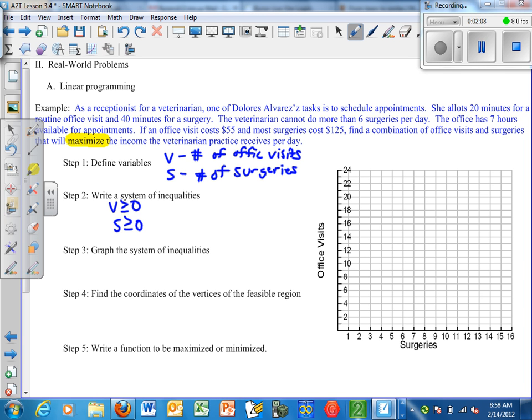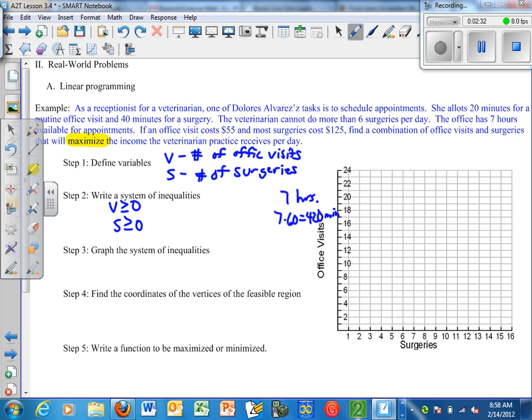Now, notice that they're in 20 and 40-minute increments. So we need to think about 7 hours and how many minutes that is. Well, there's 60 minutes in an hour, so if I do 7 times 60, that's 420 minutes she's got available to schedule appointments. We need to be in the same unit here, so it's 420.